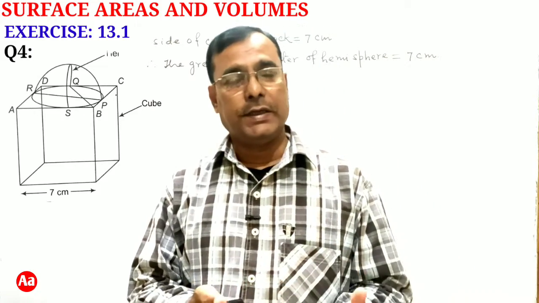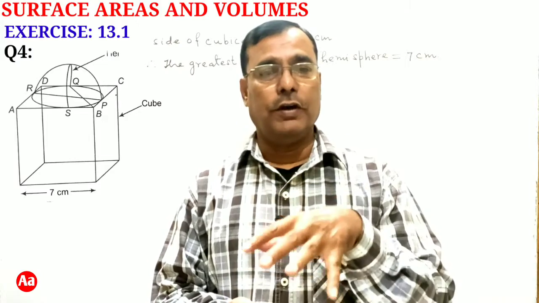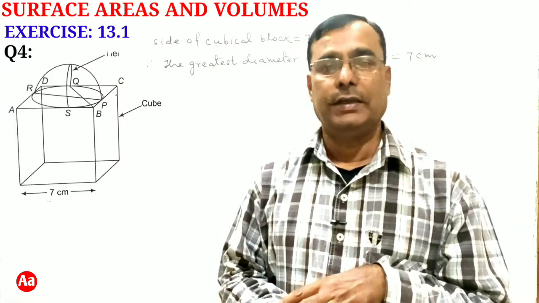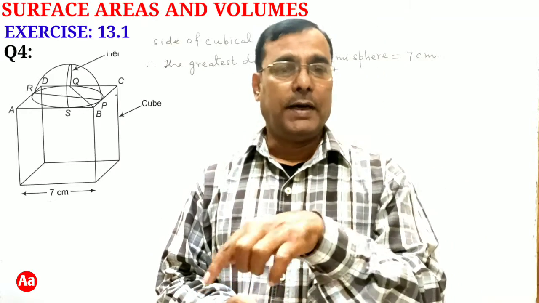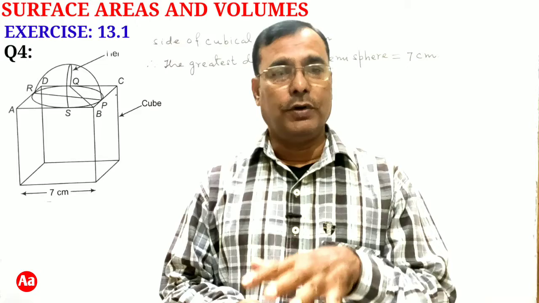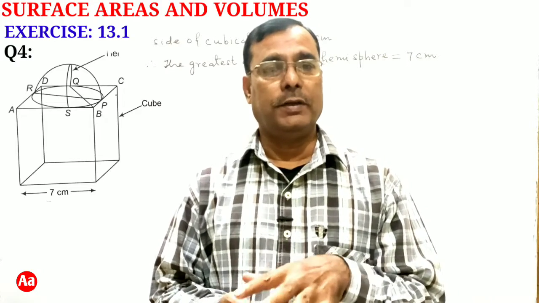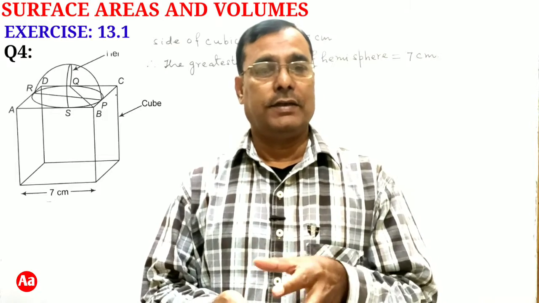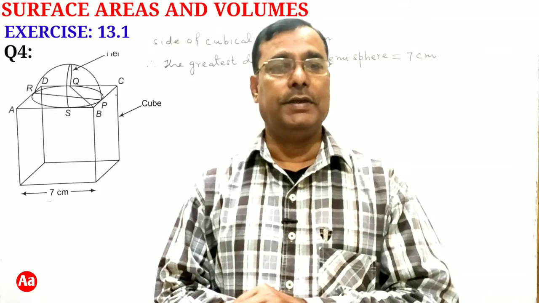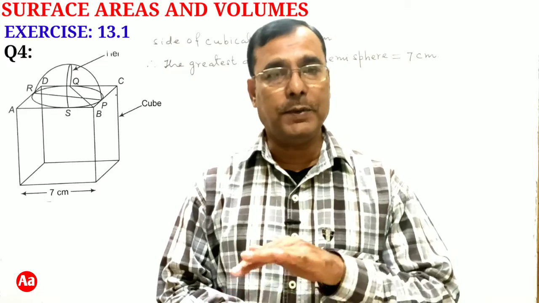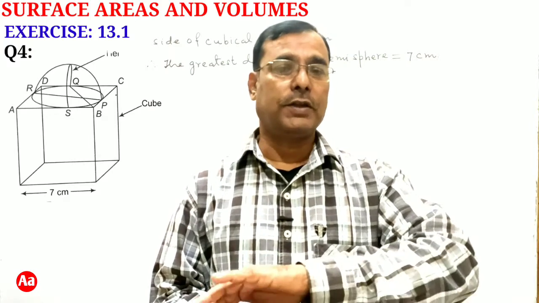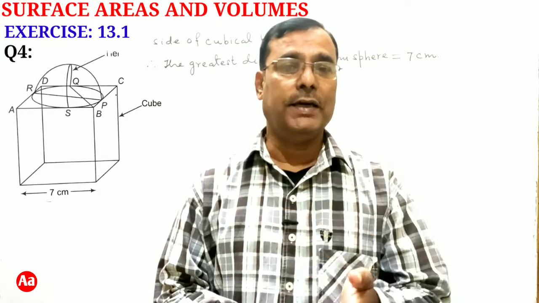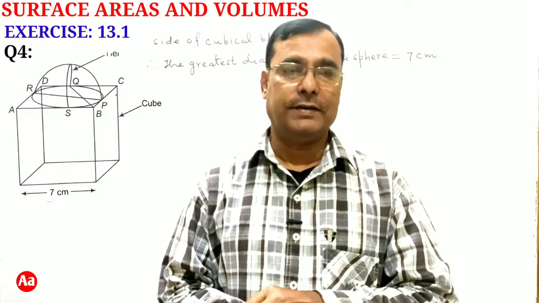When a hemisphere is surmounted on one face of a cubical block of side 7 centimeter, then pi r square area from one face of the cubical block is removed, or we can say it goes inside the hemisphere, and in place of that the curved surface area of the hemisphere, 2 pi r square, is created.